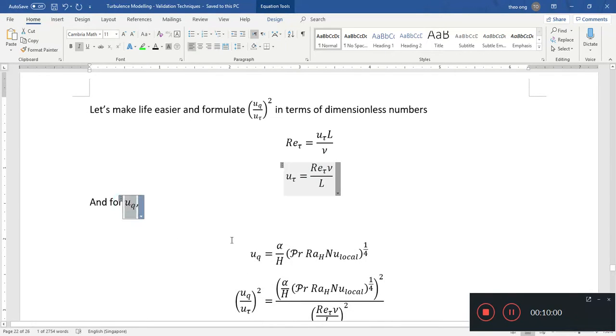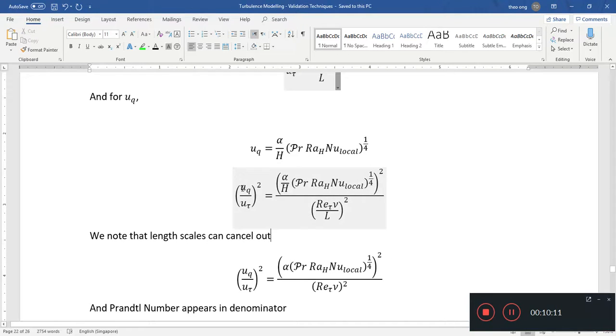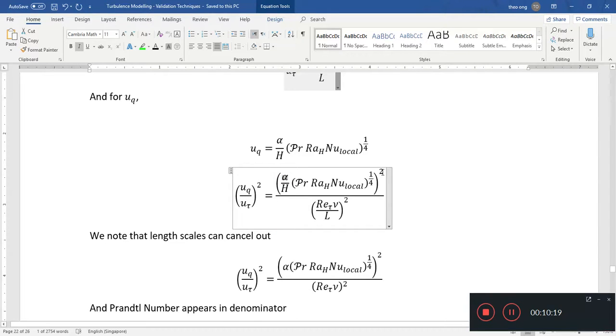And for uq, we see that uq has already been compressed into a lot of dimensionless numbers, which makes it a lot easier for us. Okay, so we have the dimensionless numbers as such. We have alpha, and then here is a square, and then we have nu squared, and then you see the h and the L. Since they are both talking about the same length scale, I'll just cancel them out because h equals L. The length scale I'm talking about in the friction Reynolds number is of course the height of the square cavity.